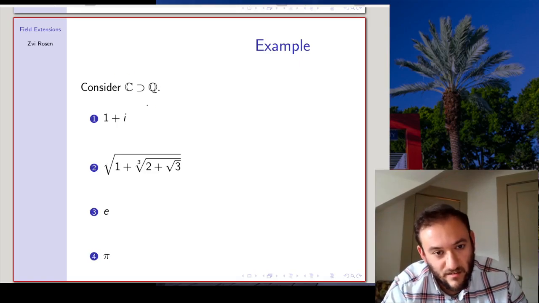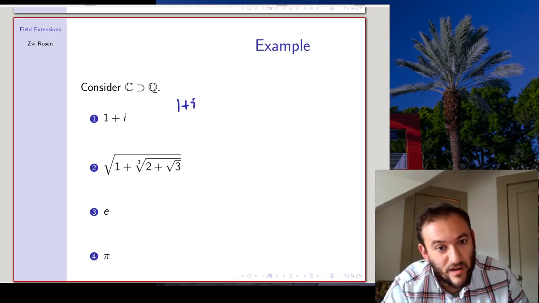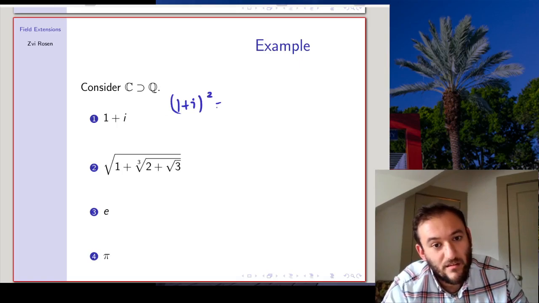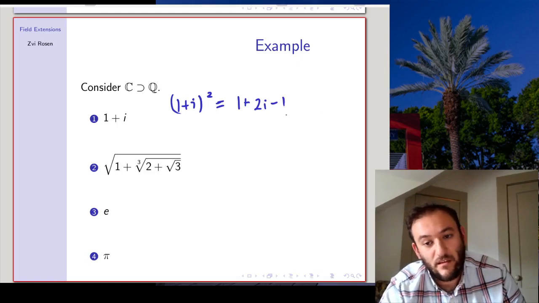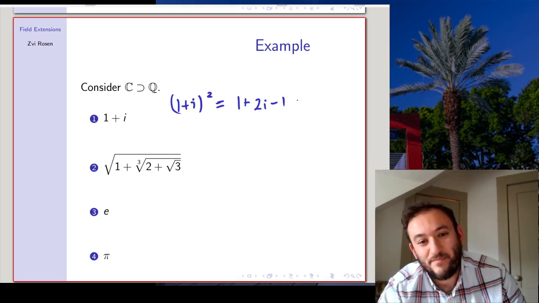So if we take (1 plus i) squared, that's going to be equal to 1 plus 2i minus 1, right? Because i squared is minus 1. So this means this is equal to 2i.